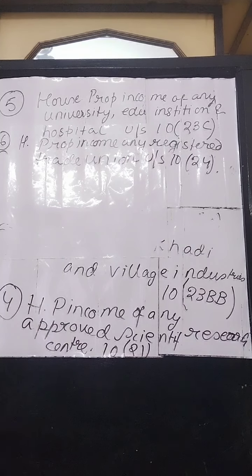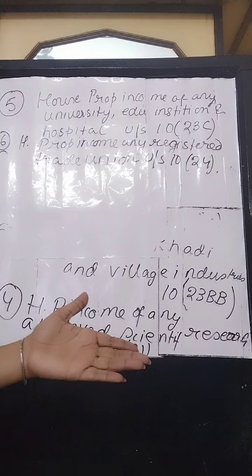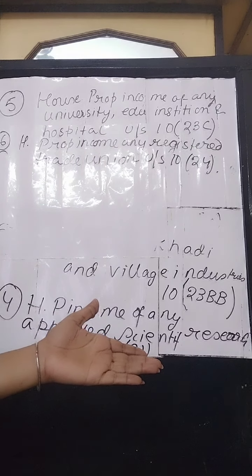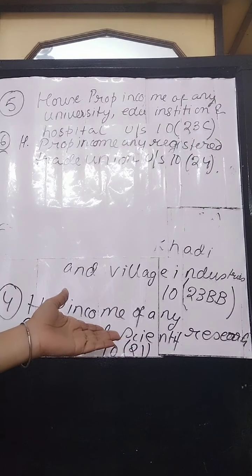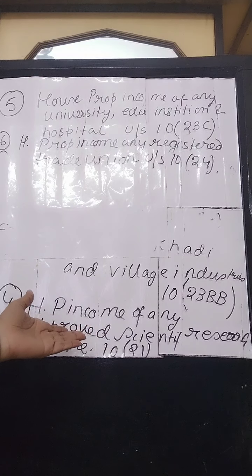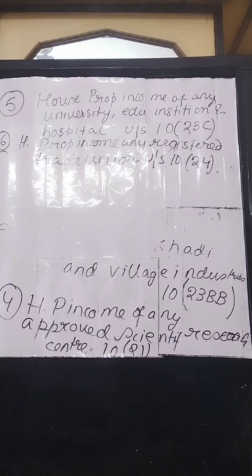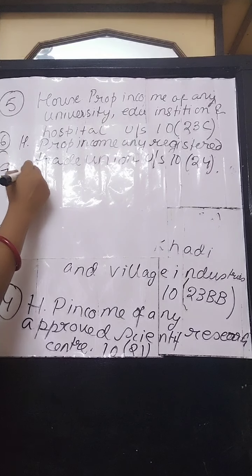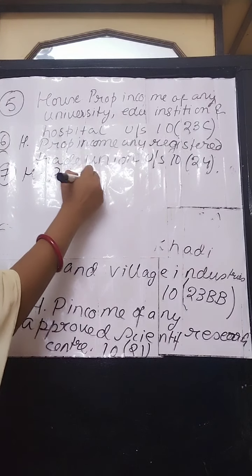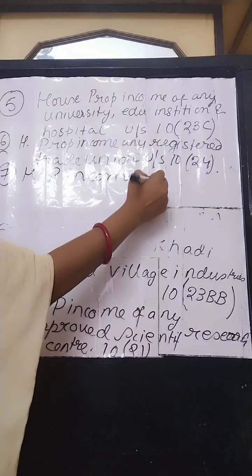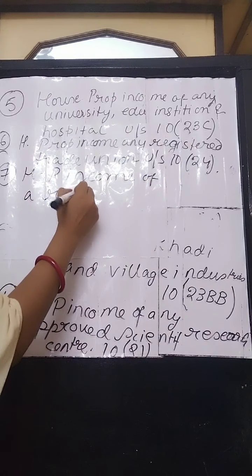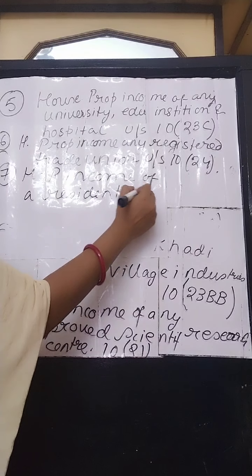In this way I'll write one more, that is, number 7, house property income of a resident of Ladakh.